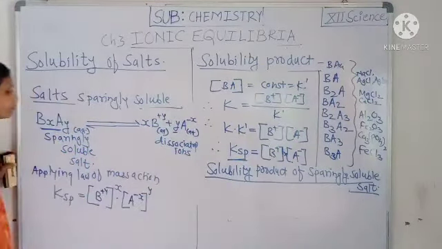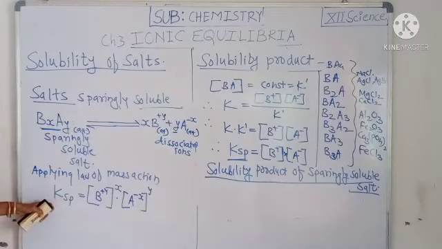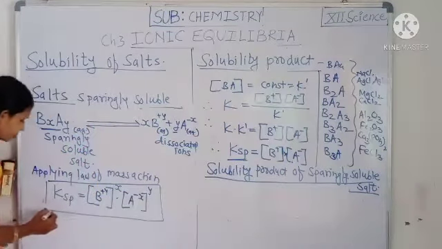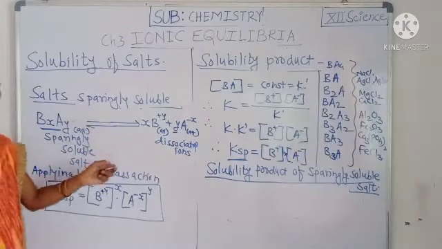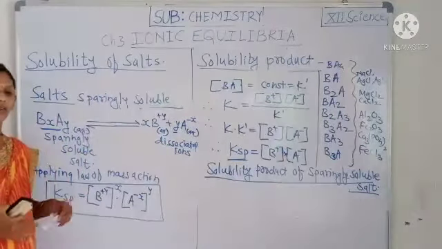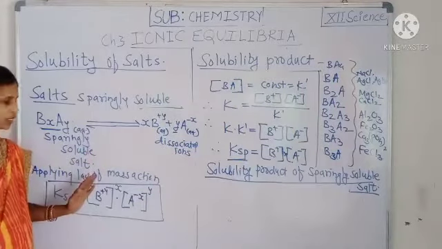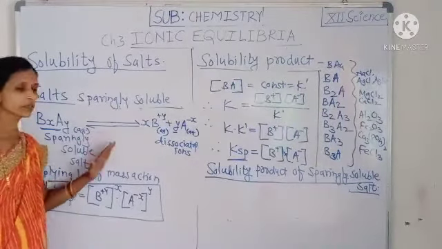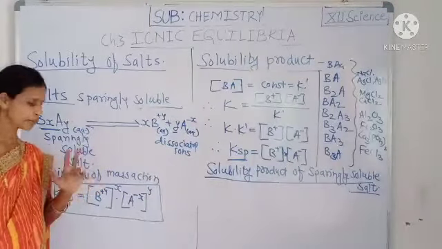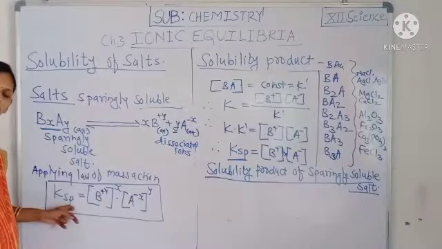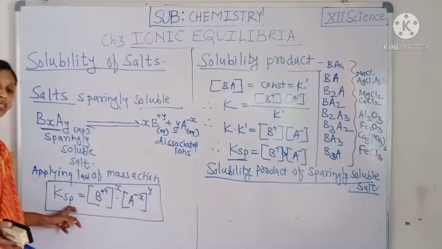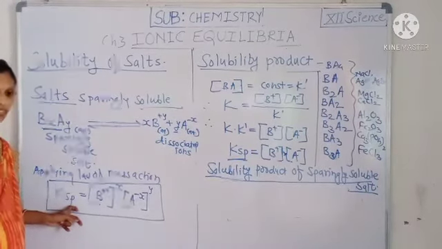That is the solubility product for any sparingly soluble salt. The concept of solubility product applies to a saturated solution of a sparingly soluble salt. That means we can calculate the KSP of any sparingly soluble salt when the solution is a saturated solution of that salt.